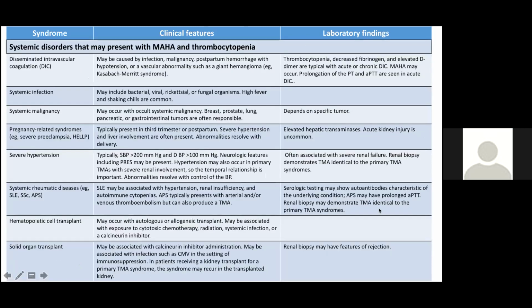But when you read about the management, they always say if this is the first presentation of thrombotic microangiopathy and the patient has no previously diagnosed SLE, you might get the diagnosis of SLE later, but until that time you must treat that patient as TTP and start plasma exchange. You should not wait, even if you suspect underlying SLE in that patient.